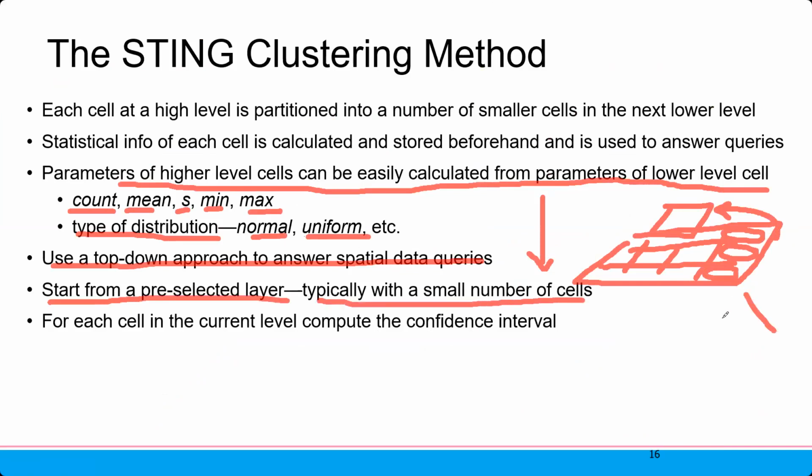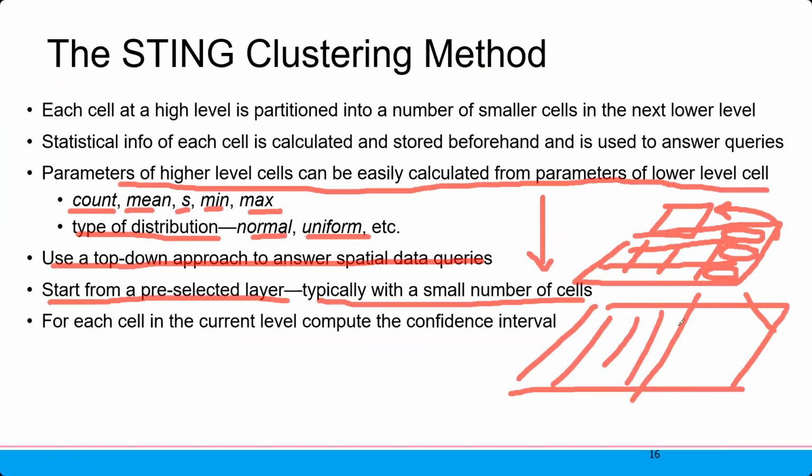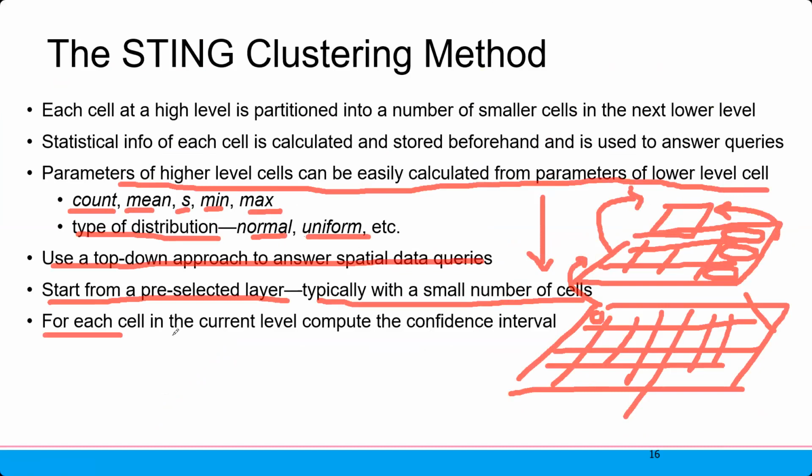So if you have more detailed resolution, then we can use the small cell here, and then we go to the next upper level, and then we go to the upper level to check what is the best clusters in this data. For each cell in the current level, compute the confidence interval.